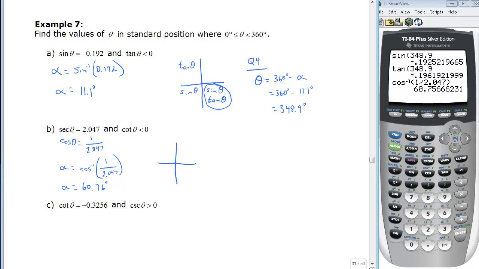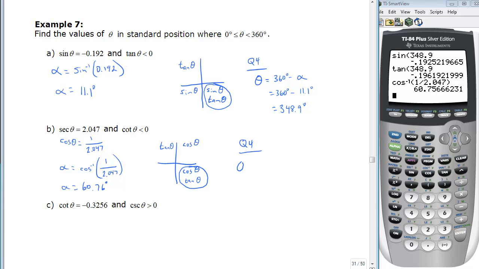So now we need to figure out which quadrant we're in. Secant is positive, which means cosine is positive, and cosine is positive in quadrants 1 and 4, so we'll just use cosine. Cotan negative means that tan is negative, so that's true in quadrant 2 and in quadrant 4. So the only place that both of these things are true is in quadrant 4.